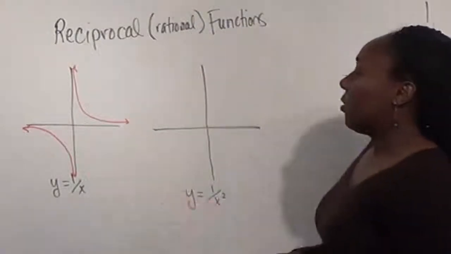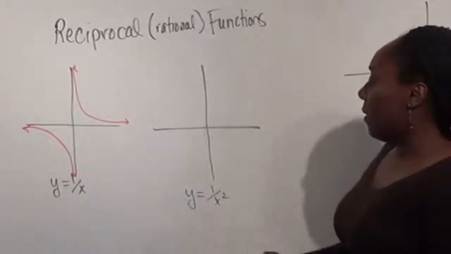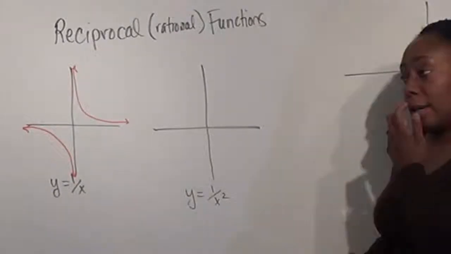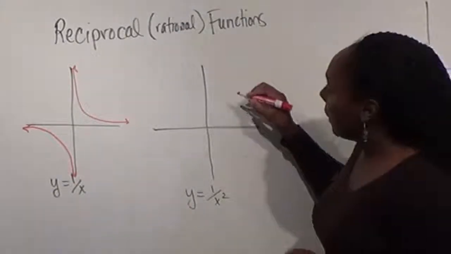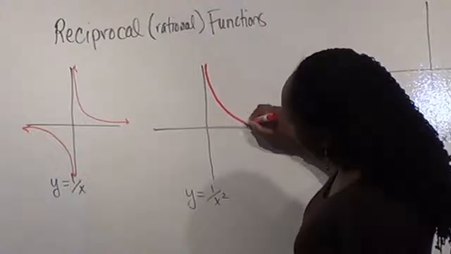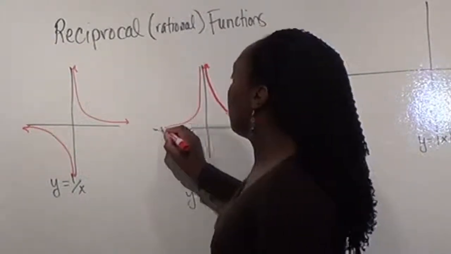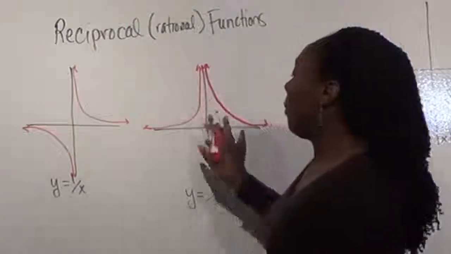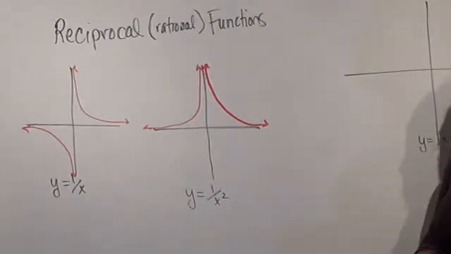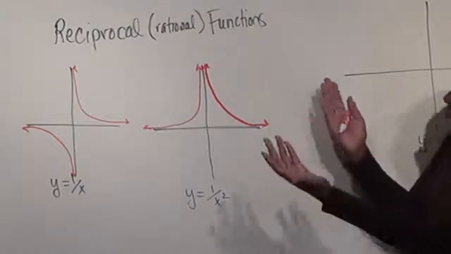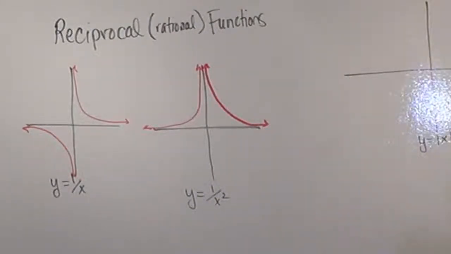Okay, so there's my 1 over x, and then the other is the 1 over x squared. And again, both of these will be important later on. The 1 over x squared looks very similar, except that because of the square, both the positive and negative sides look the same, or reciprocated, and reflected.